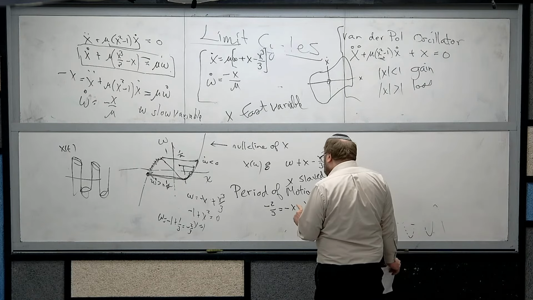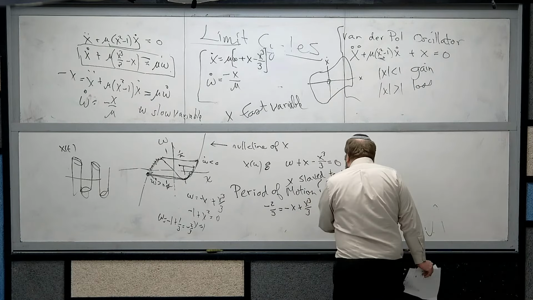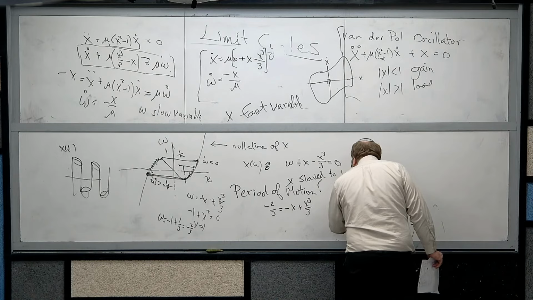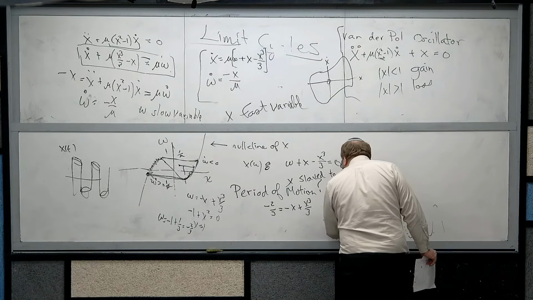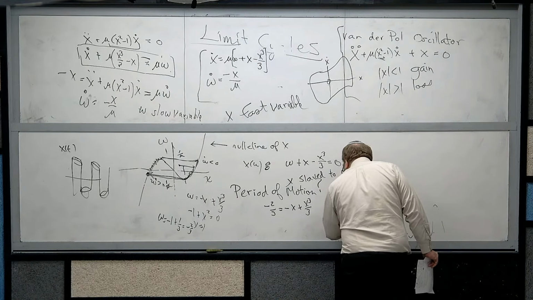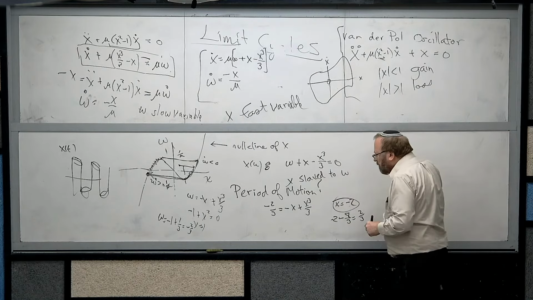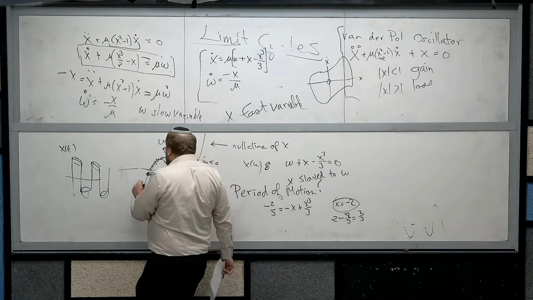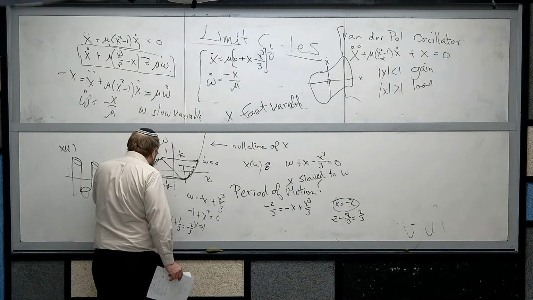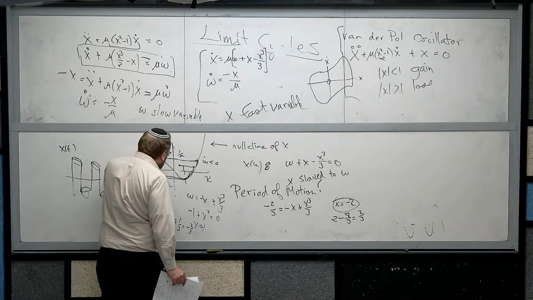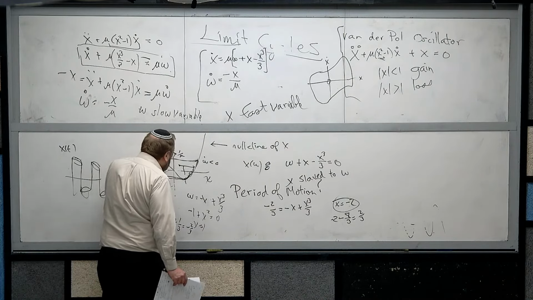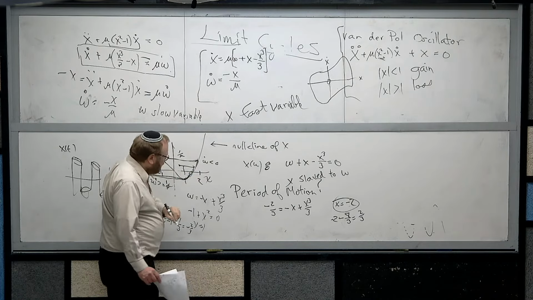What did I do wrong? x is minus 2, right? x is minus 2, and therefore this is 2, and this is minus 8/3, and that's equal to it. So the solution is x equals minus 2. So this is the point x equals minus 2, and this is the point x equals minus 1 again, and this is the point x equals 2.